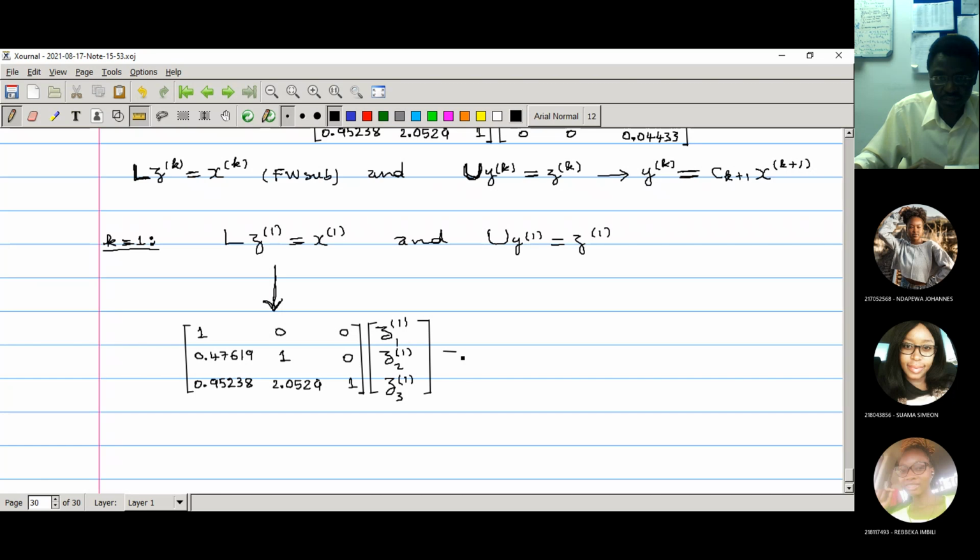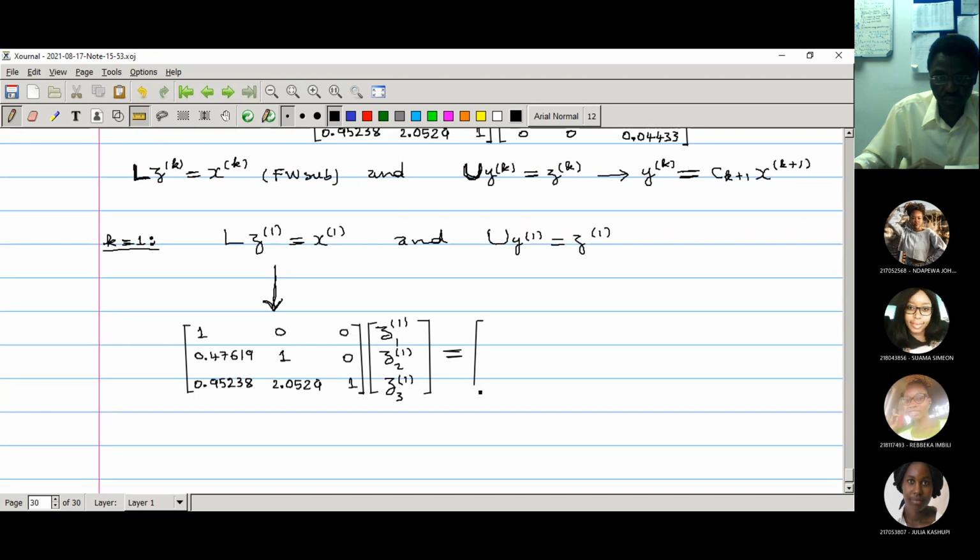Right? So this is equal to what? This is equal to x1, and x1 we know already from the previous iteration. We copy x1 here. So for x1, I will use 5 decimals.